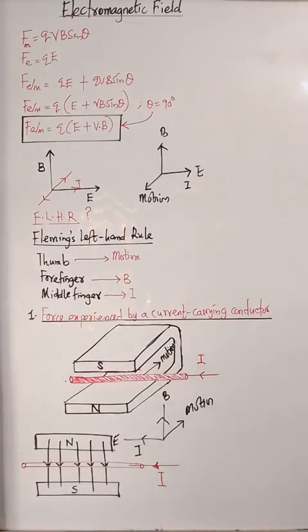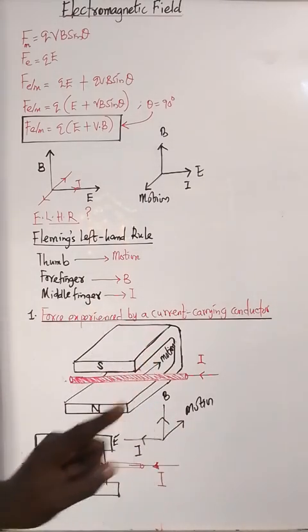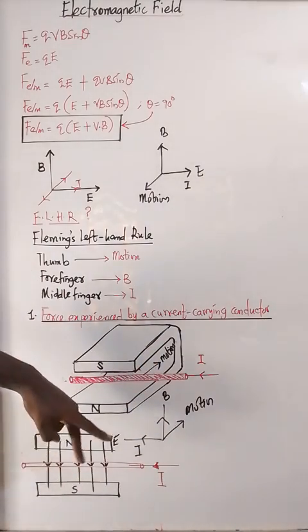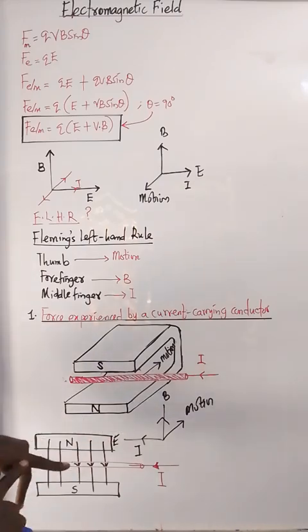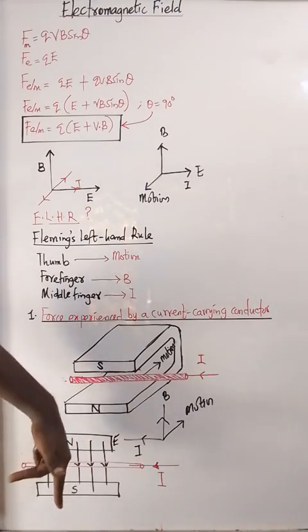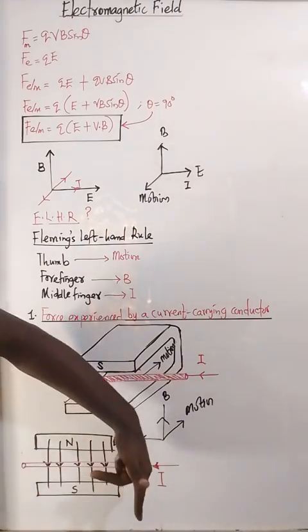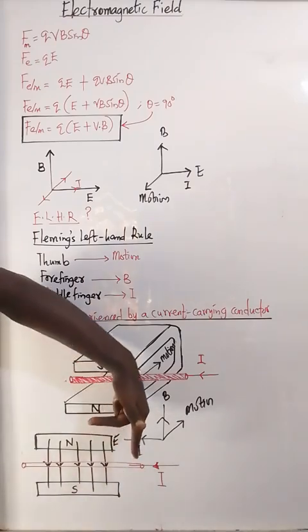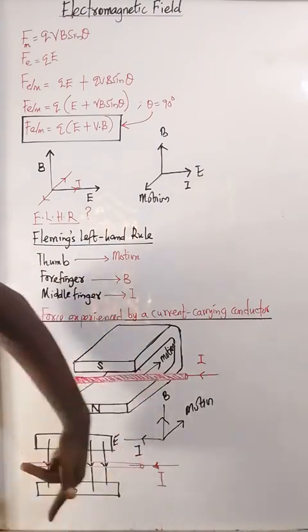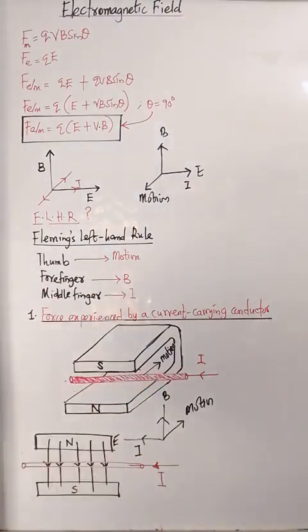In this case, we can use Fleming's left hand rule the same way. First, the field is pointing down. Then the current enters this way, so this one has to go this way. So field, current, the motion is outside. So this conductor will roll outside the board. If we are given paper to write, it will roll outside the paper.